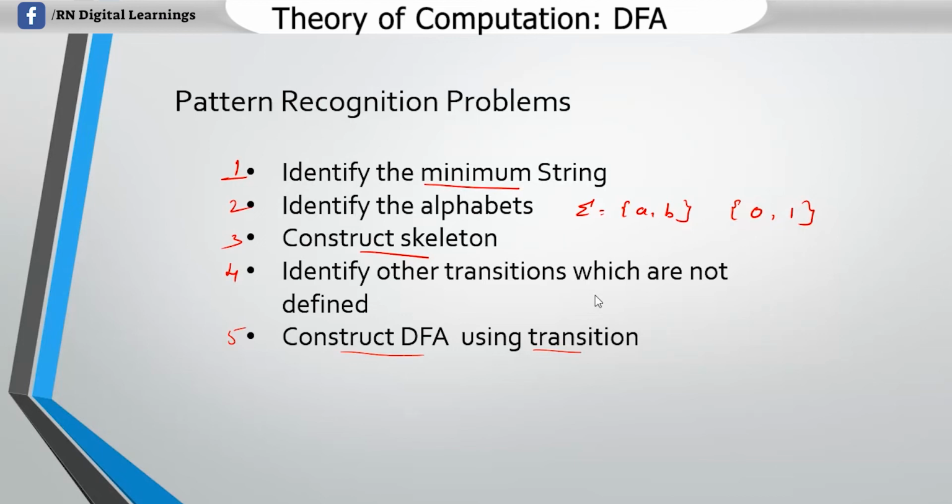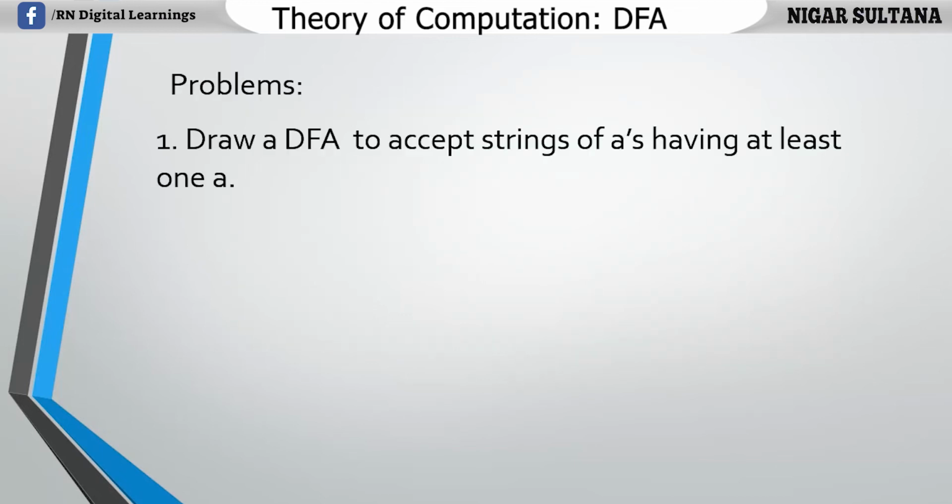Now let's understand this with the help of an example. First, the problem states: draw a DFA to accept strings of A's having at least one A. That means, now let's see what our strings will be.